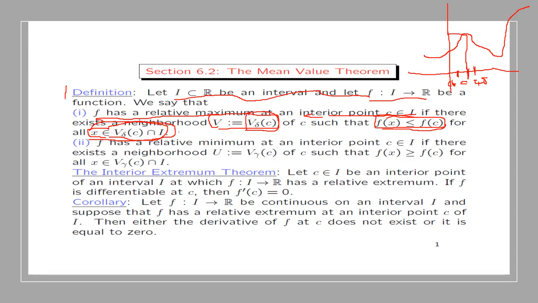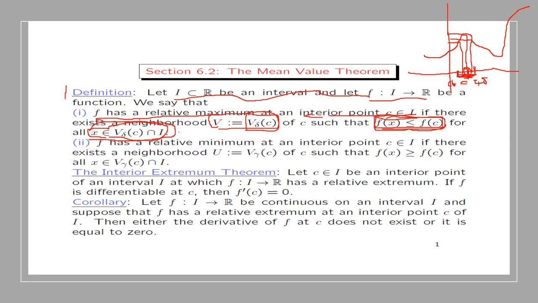Now, if you pick an x inside this delta neighborhood, for example, if you pick x here, then this will be f of x, which will be less than f of C. If you pick x here, this will be f of x, which will be less than f of C. So we will say that f has a relative maximum at this point C, because f of x will be less than or equal to f of C so long as x lies within this neighborhood here.